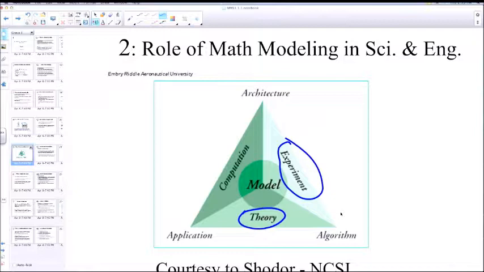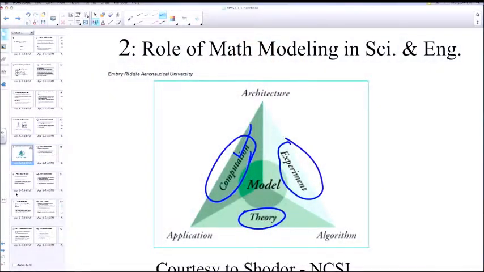But in modern history, with the advance of computers, we got the third leg of science. That third leg is called computational. Just like what we are doing right now, simulation and modeling are part of computation.